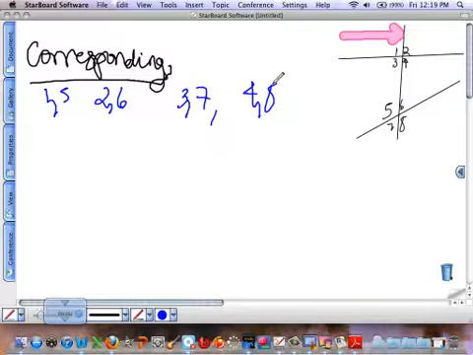Where the transversal crosses two parallel lines and the angles are in the same position as each other. Yeah, they're basically exactly in the same spot, right? If I'm where I cut my top line, that's the same spot. So 1 and 5, they're in the same relative position. Good, that's what corresponding angles are.